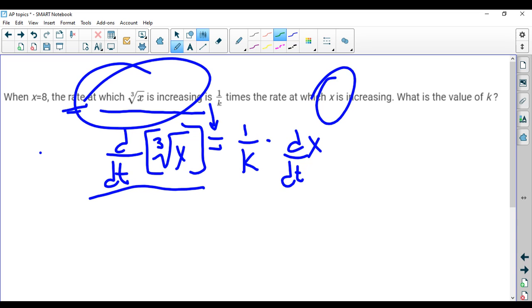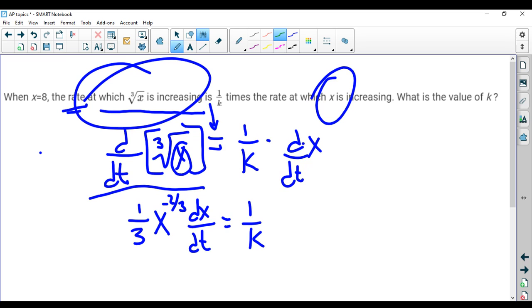So our related rates equation after we take the derivative implicitly is 1/3, leave the inside alone, x to the negative 2/3 times the derivative of x with respect to t, because that's the inside, which is just dx dt. And that equals 1 over k times the derivative of x with respect to t, which is exactly what I just said, dx dt.